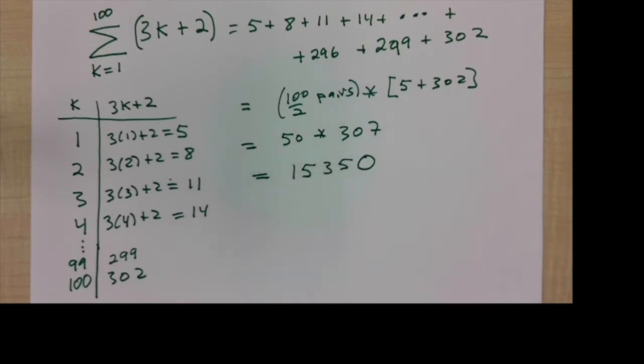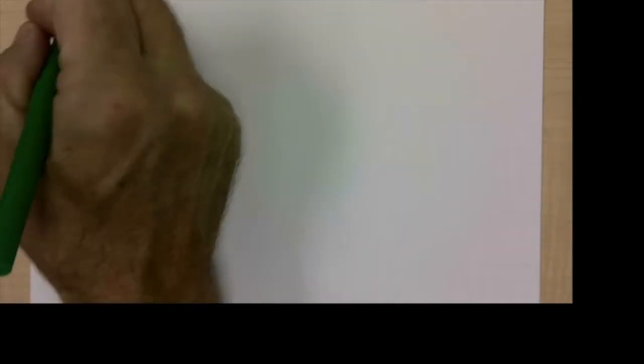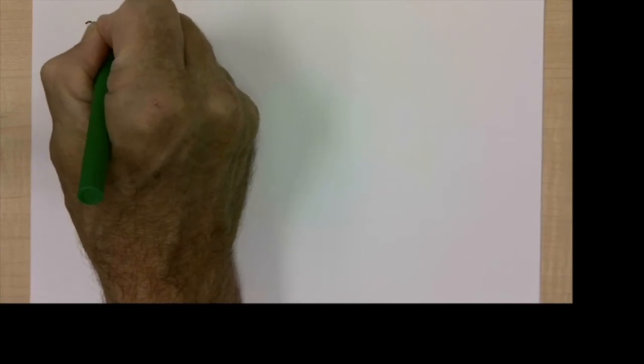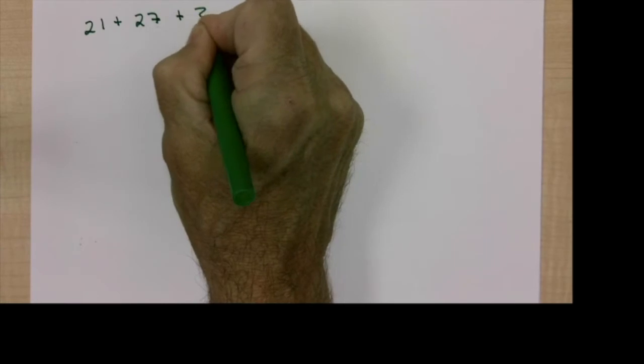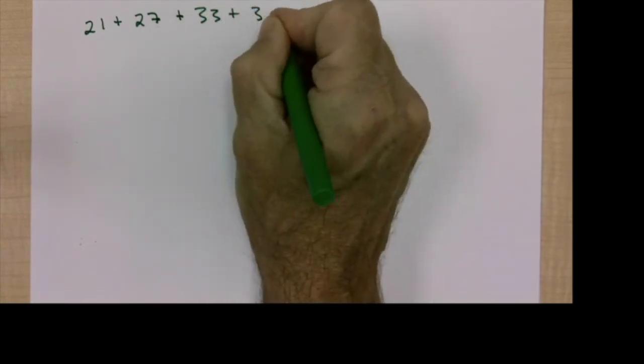All right, so let's go ahead and try another one. This time we want to have 21 plus 27 plus 33 plus 39 plus dot dot dot. How far are we going to go?